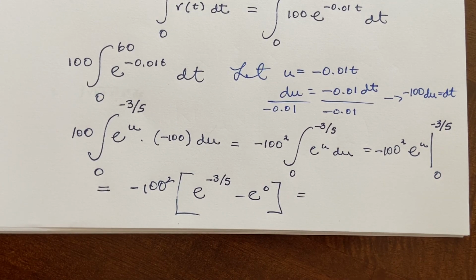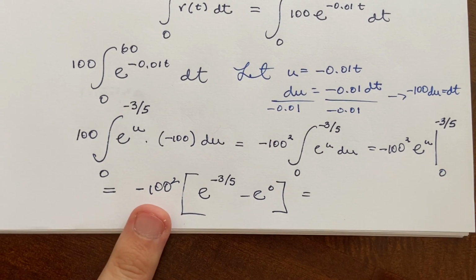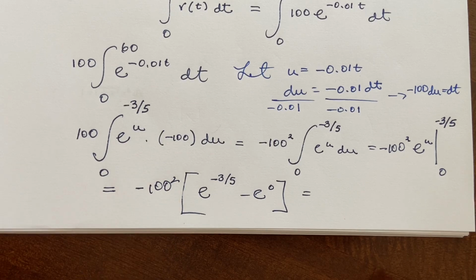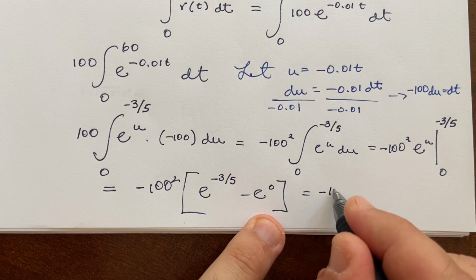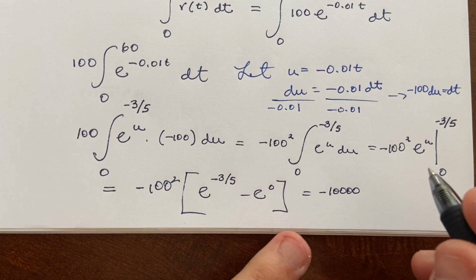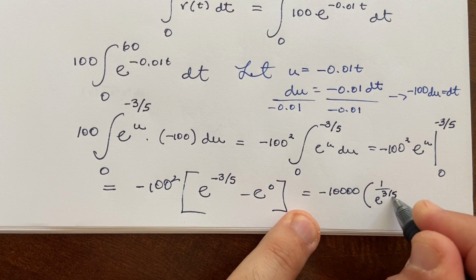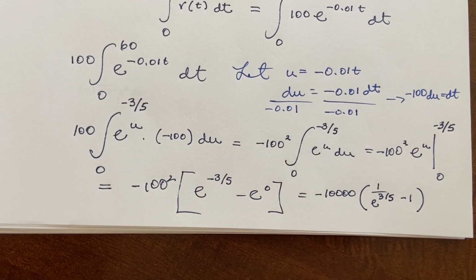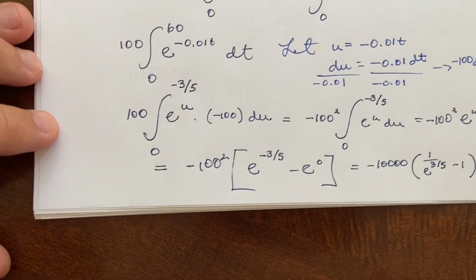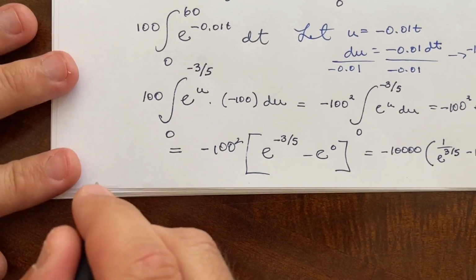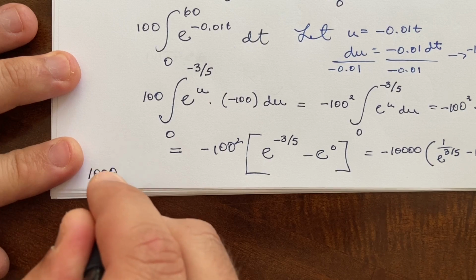And then rewriting the negative 100 squared, we can write negative 10,000 times 1 over e to the 3/5 minus 1. And then maybe I'll leave it over here in the end as 10,000.